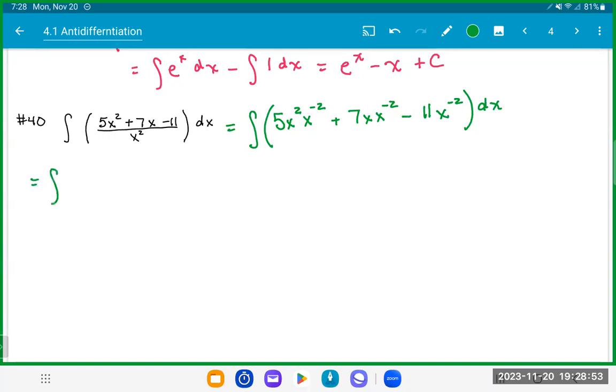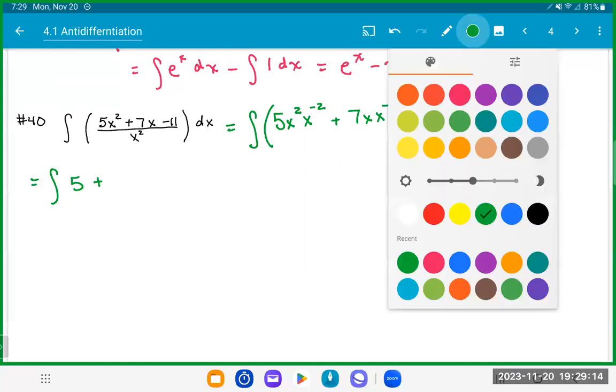So simplifying that, we get the integral of 5. It's just 5, because I have x squared over x squared, so that's 2 minus 2 gives me just 5. Plus, if I have x to the 1 minus 2, because we can just add our exponents.